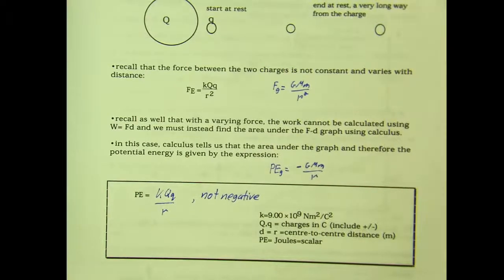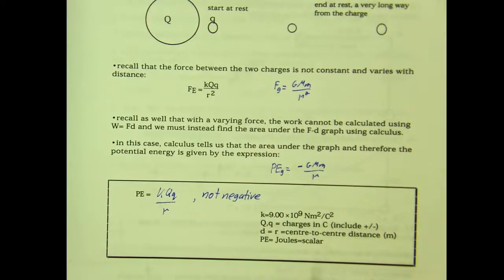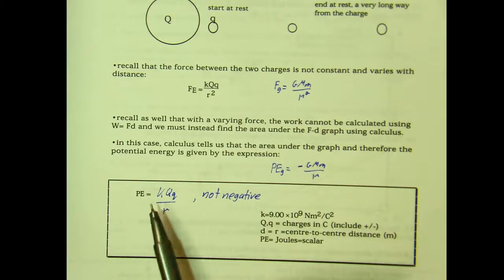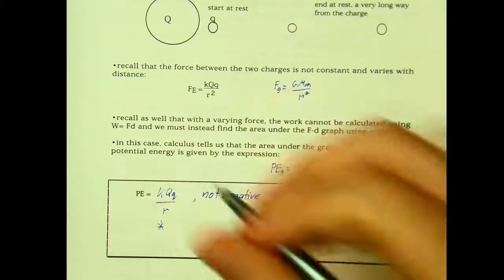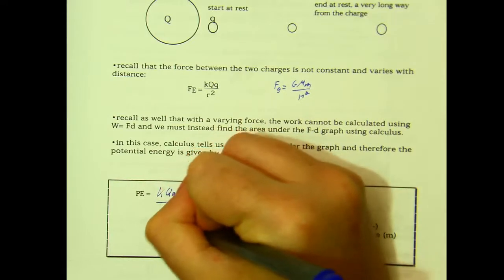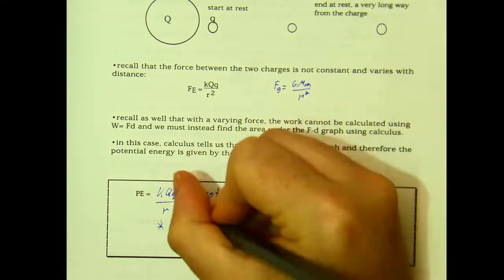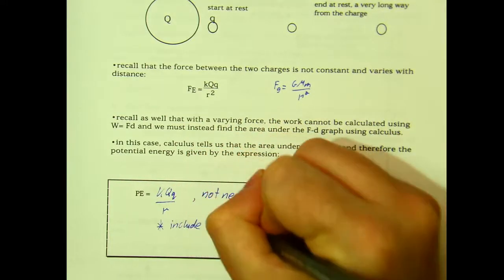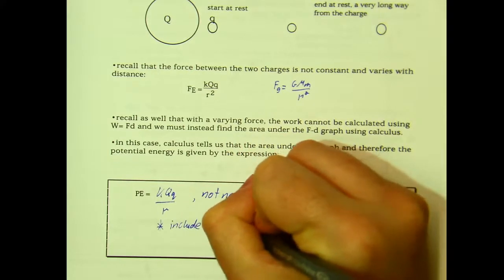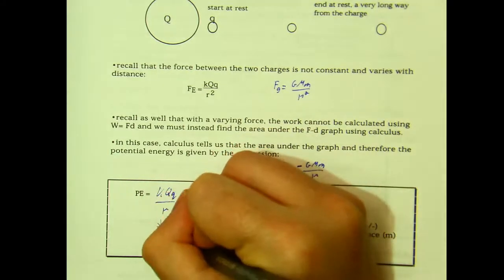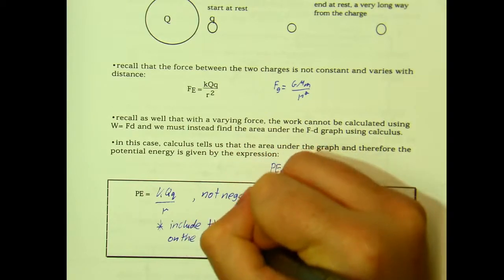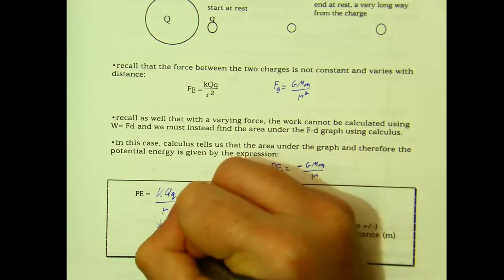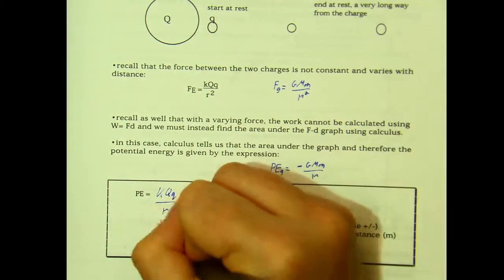But for electric potential energy, instead of having it explicitly negative, what we're going to do now for energy is include the positive or negative on the charges, for Q and little q.